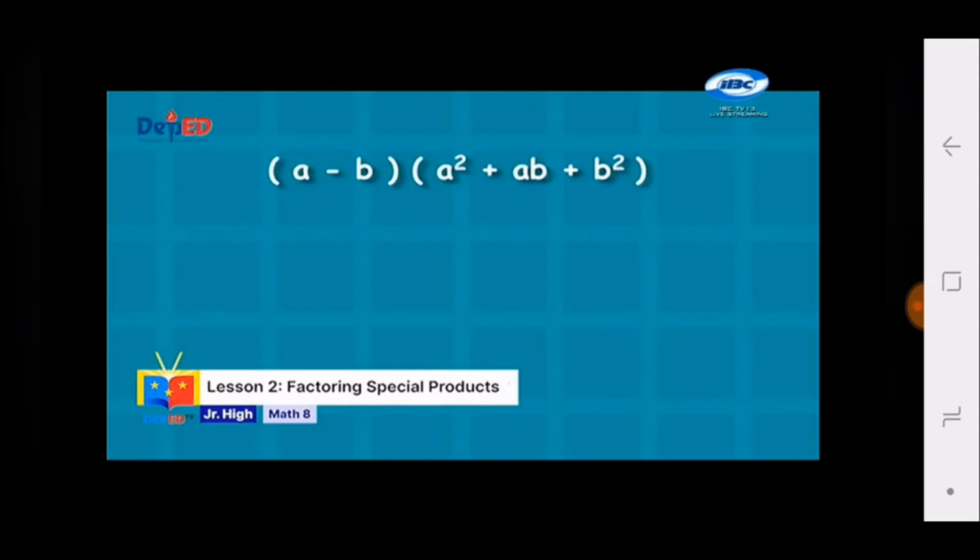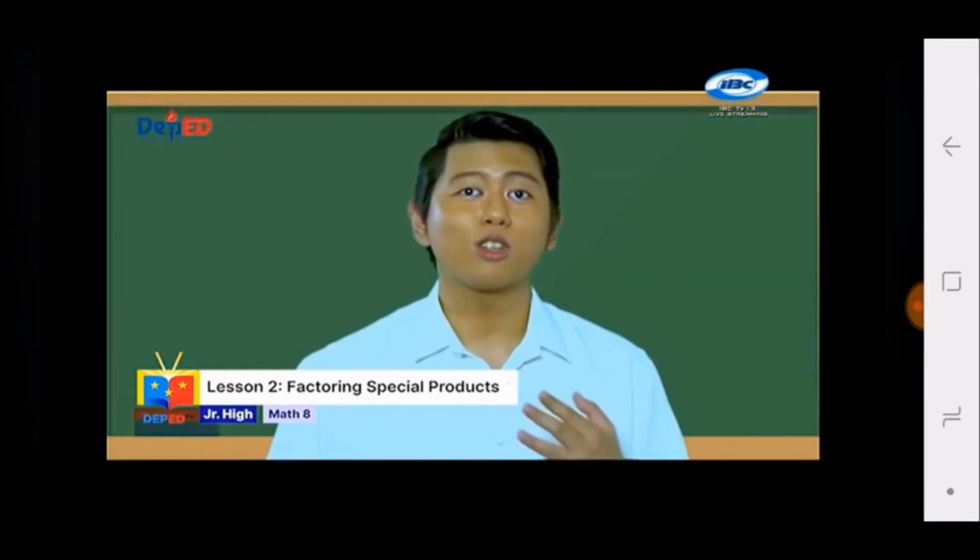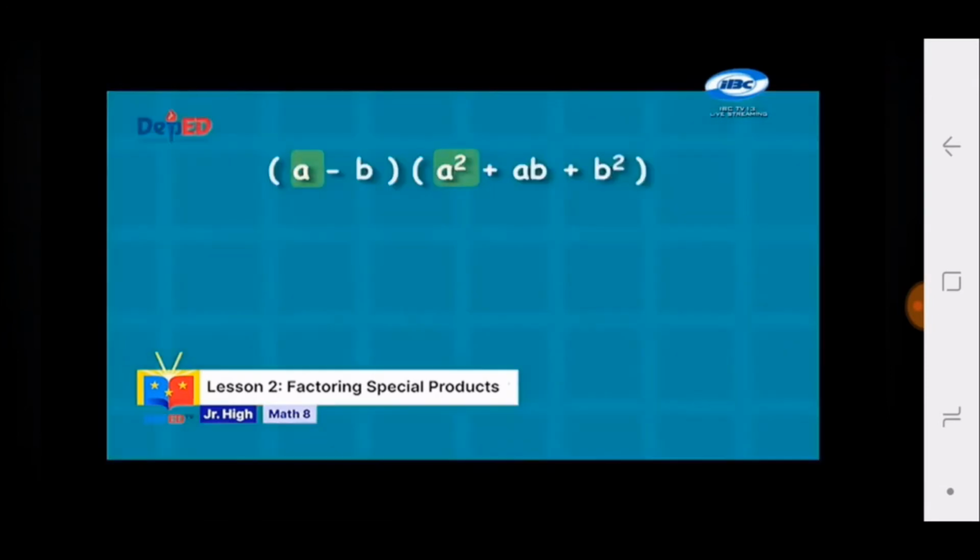We can first multiply a to each term of the trinomial. A times a squared is a cubed. A times ab is positive a squared b. And a times b squared is positive ab squared. Next is to multiply negative b to each term of the trinomial.